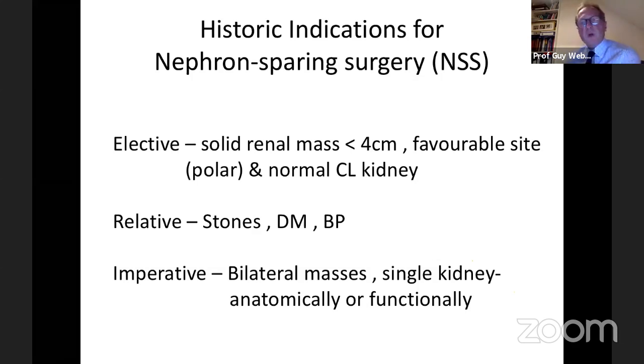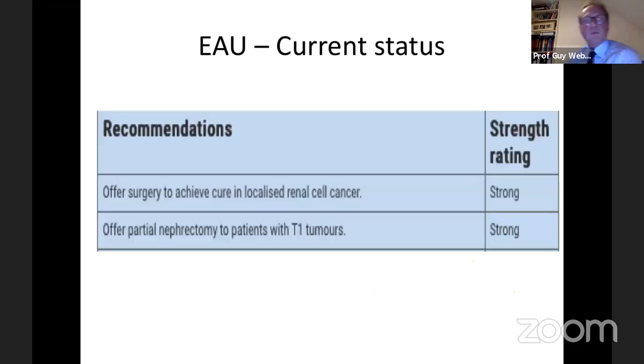Then there are the relative ones, the patients who have coexistent renal illness, whether it's urinary tract stones, diabetes leading to reduced renal function, or hypertension, which over time would lead to renal impairment, or the elective ones, initially a solid renal mass under 4 centimeters, favorably anatomically located at the poles, ideally the lower pole, perhaps upper pole, and a normal contralateral kidney.